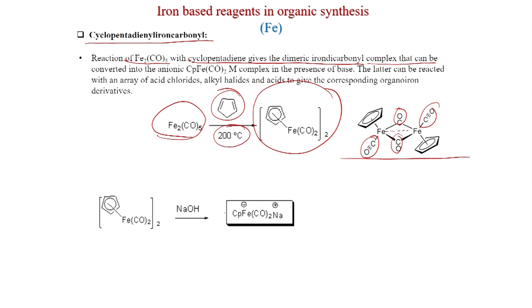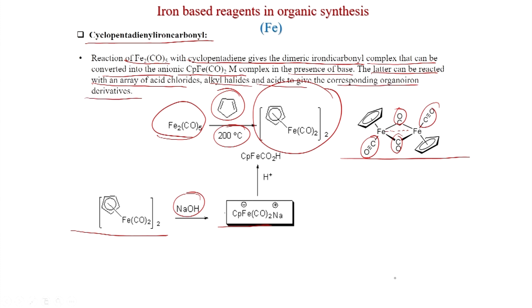And now if you put base, then this can be converted to anionic CpFe(CO)2 minus. So, suppose this is the iron cyclopentadiene dicarbonyl, if you treat with sodium hydroxide, then you get this anion. This can be obtained in the presence of a base like sodium hydroxide, and the latter can be reacted with an array of acid chlorides, alkyl halides and acids to give the corresponding organoiron derivatives.